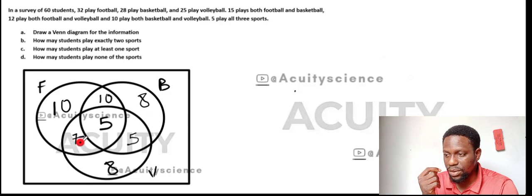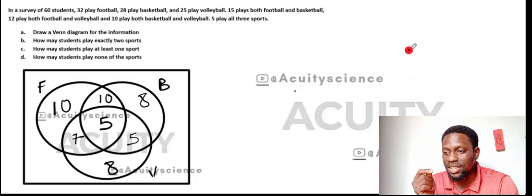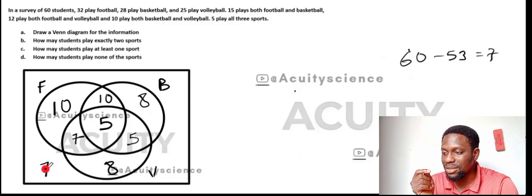So 32, let's add 8, that'll be 40, plus 5, that'll be 45. Then add 8, that'll be 53. So the number of students that participated is actually 53, whereas we have 60 students. So 60 minus 53 gives us 7. So there are 7 students that didn't do anything. They're not interested in any of this.